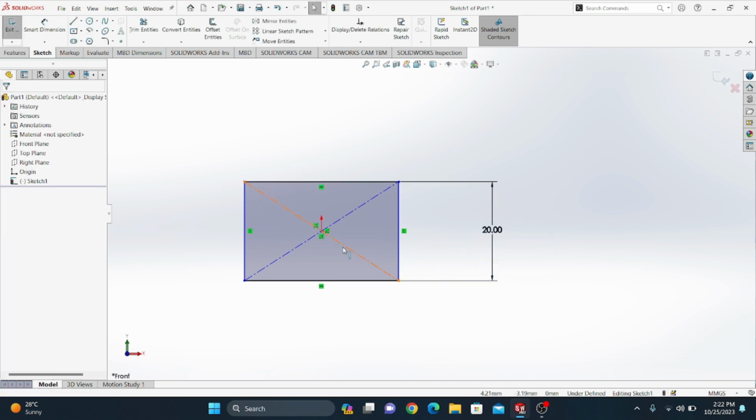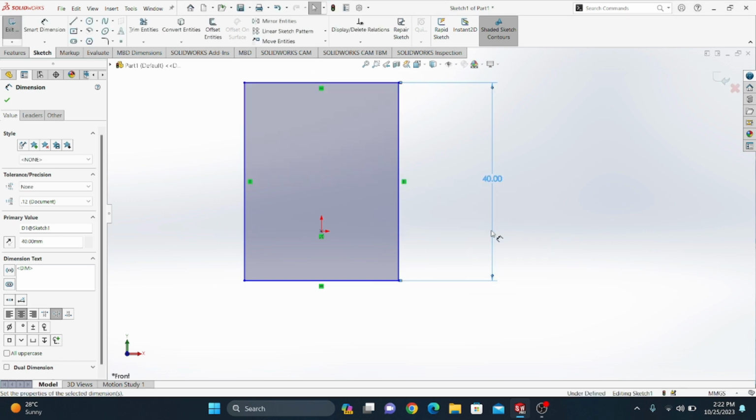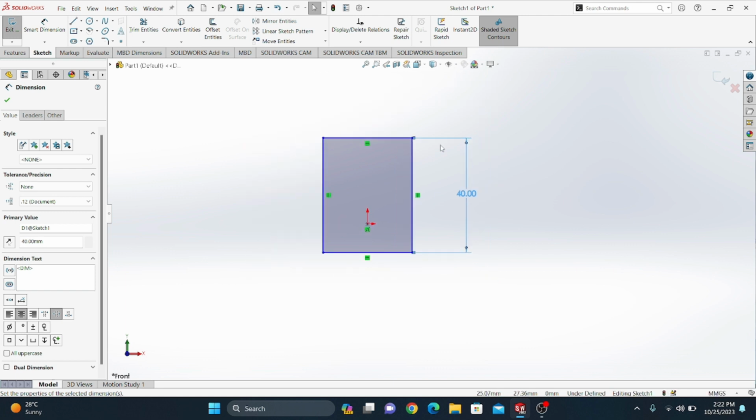Now when I delete them both and I change the length, it changes in just one direction. It is not symmetrical, it is in one direction.